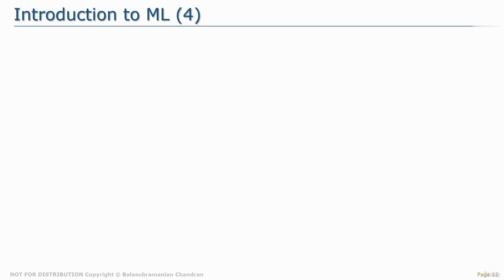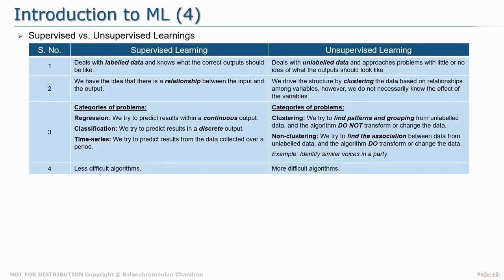More closely, let's see the differences between supervised learning and unsupervised learning and ML algorithms and ML models. Supervised learning deals with labeled data and knows what the correct outputs should be like. Unsupervised learning deals with unlabeled data and approaches problems with little or no idea of what the outputs should look like.